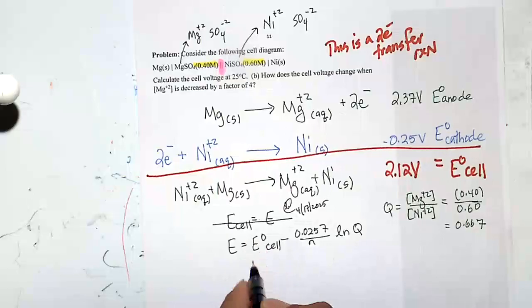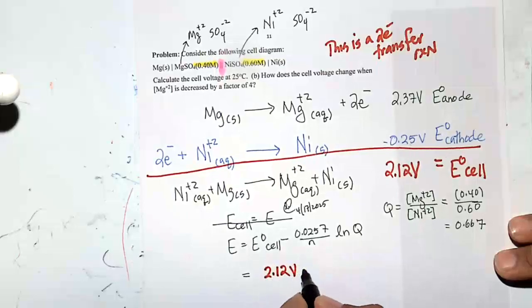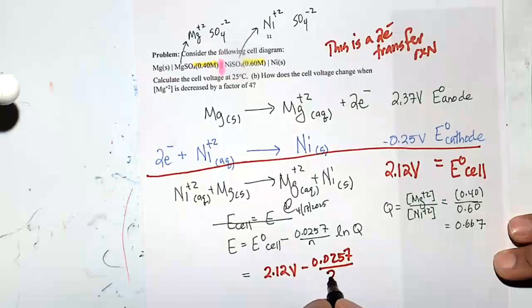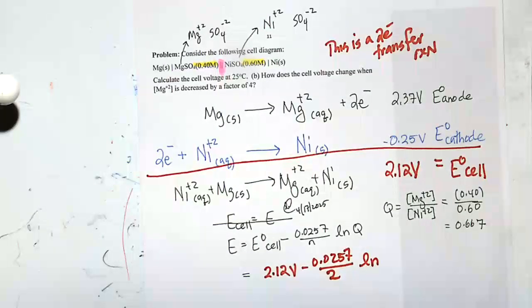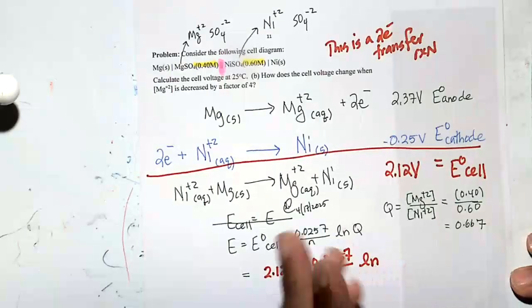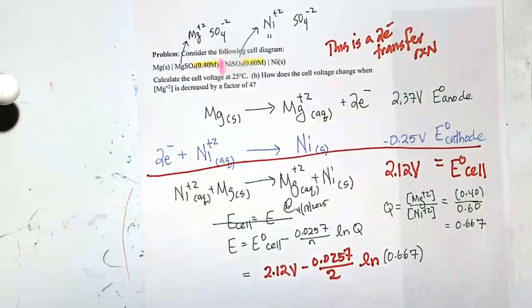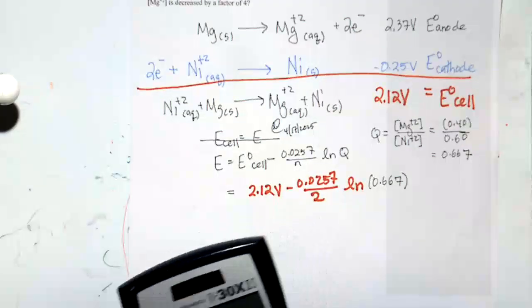Let's plug everything in here. So Ecell, we just calculated it as 2.12 volts minus 0.0257. This is a 2 electron transfer reaction times natural log of Q, products over reactants, and this is 0.667. All right, can we do this on a calculator? Make sure we are comfortable doing this on a calculator.